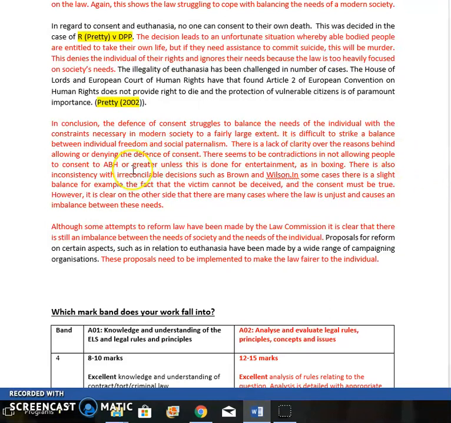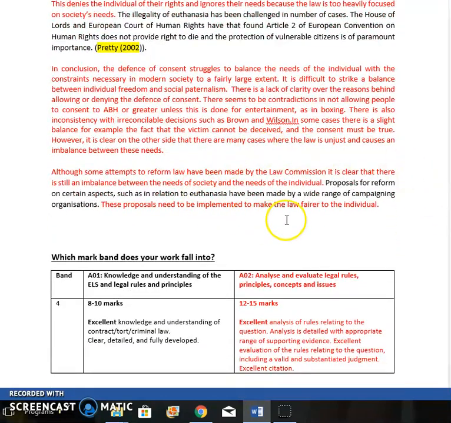It seems illogical that you can't consent for harm for some areas, but you can for entertainment. Some cases are inconsistent, Brown and Wilson. So there certainly seems to be an imbalance there. Some recommendations made by the Law Commission, and these need to be implemented to make the law fairer, I think.